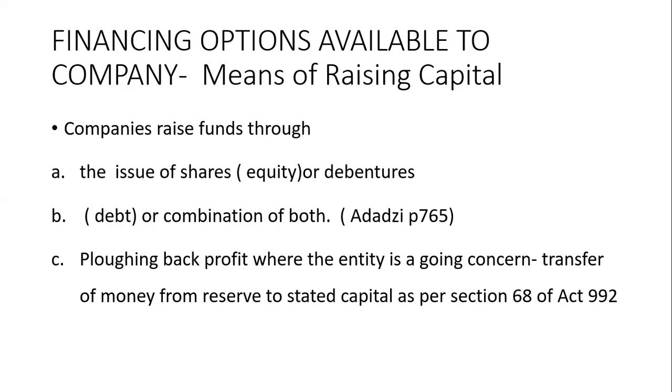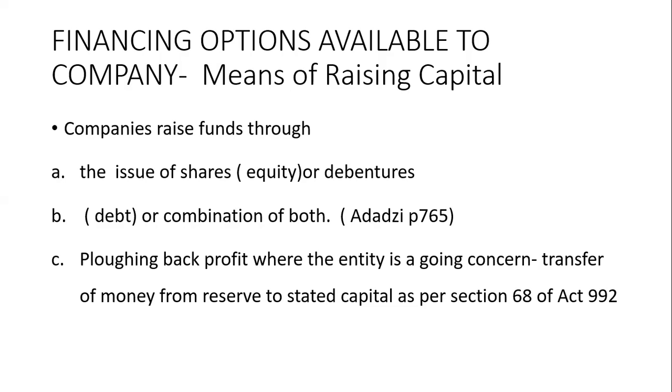Good. So what are the means of raising capital? Companies raise funds through, first, the issue of shares, as we talk about, and we call that equity, right? So maybe in accounting terms, when they say equity, they are referring to shares. But of course, as we move on to discussion of shares proper, you will notice that equity shares is also a particular type of shares in contradistinction to preference or preferential shares, but we come and discuss that.